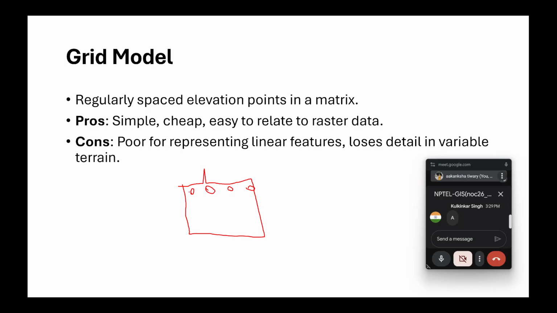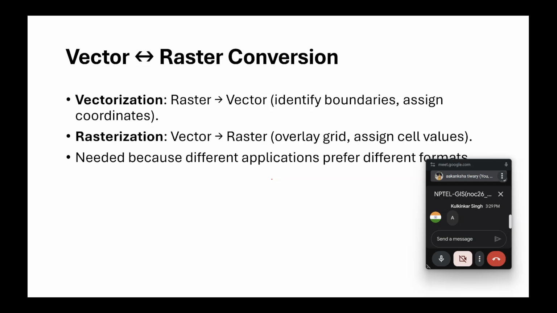So you don't have any value in between these two points. So you will lose how this is changing. Okay. You don't know whether this is going up or down, how this is changing. Now we have conversions.